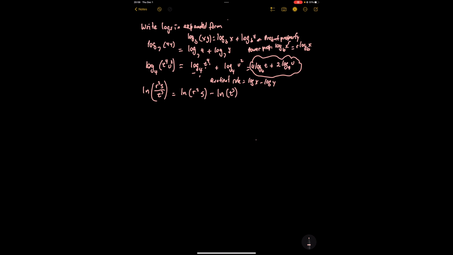Now, next thing, here I have a product rule because there's a multiplication right here, and I also have a power rule because of r squared. So I'm gonna do the product rule first. So that will be natural log of r squared plus natural log of s, okay, minus natural log of t cubed.